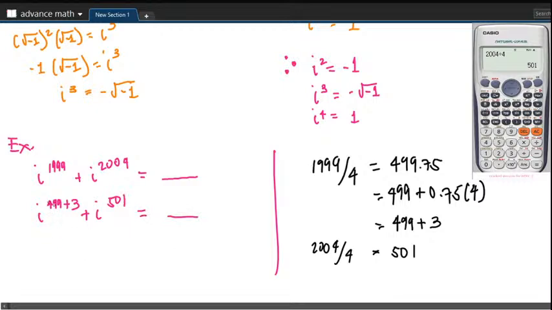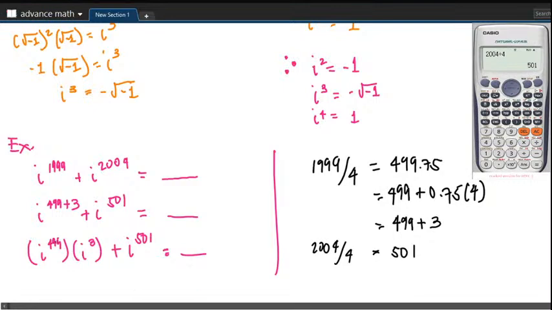Then we could have this one using the property of exponent. So we have i raised to 499 times 4 plus 3, plus i raised to the power of 501, is equal to a certain number.